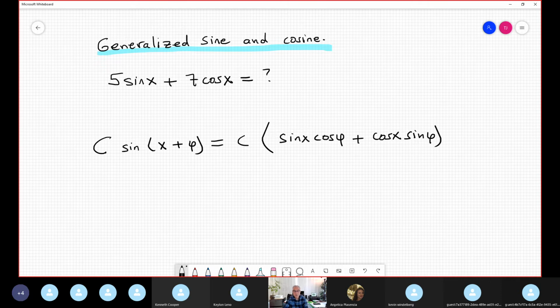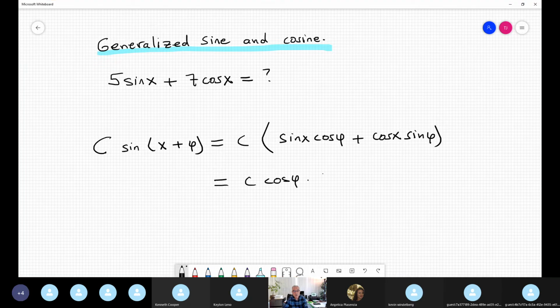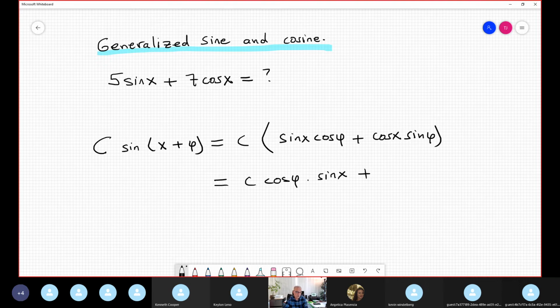Now apply the distributive property. I have c cosine phi multiplied by sine x plus c sine phi cosine x. I want to call this one a. I want to call this one b.